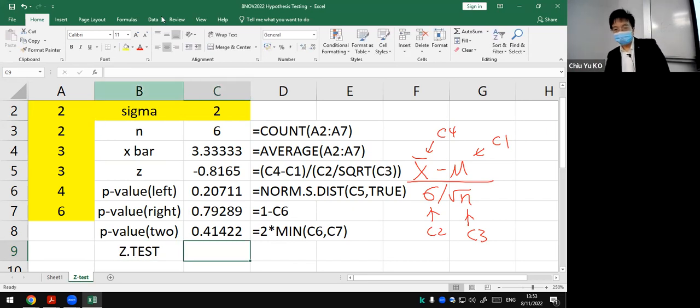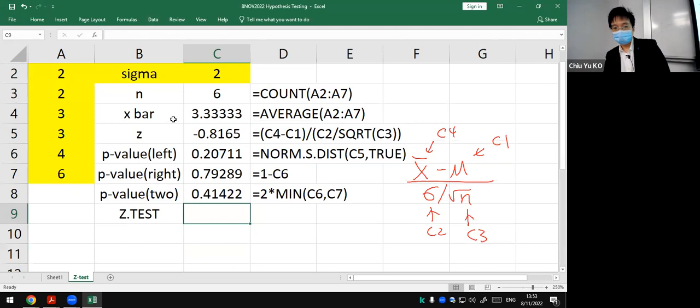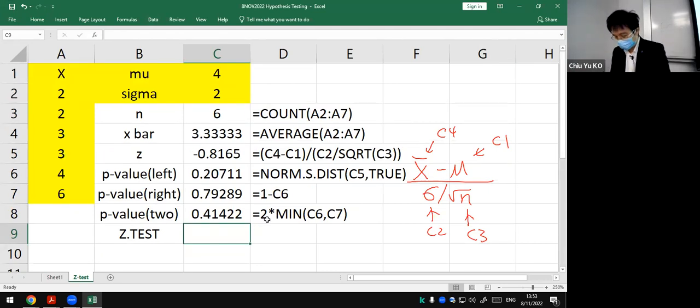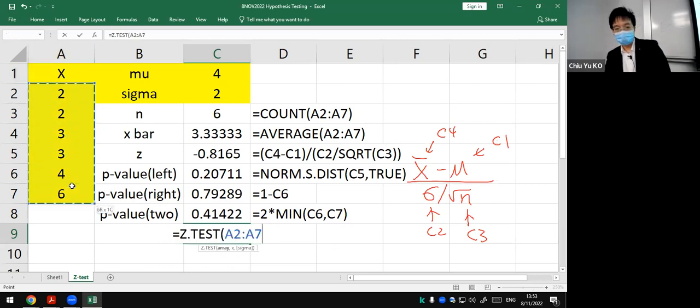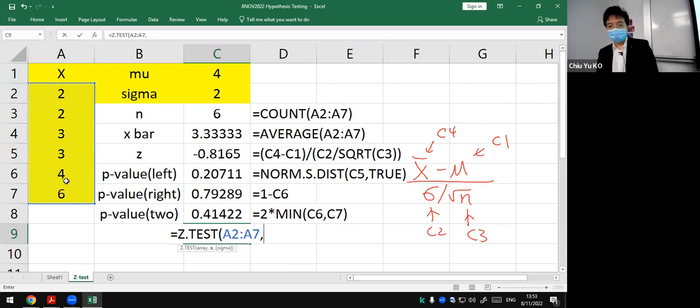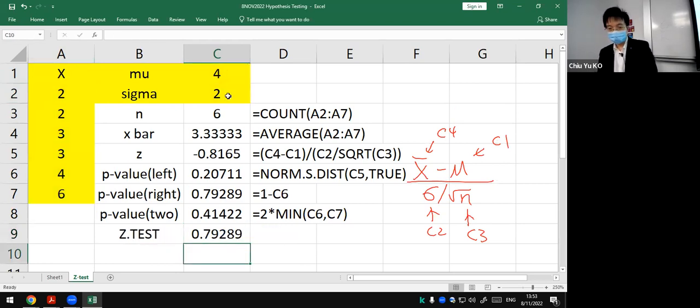So how can you do this directly? You can use Z.TEST, and you just put in the data, which is A2 to A7, and then you put what is the mu and what is the sigma. And that's it.